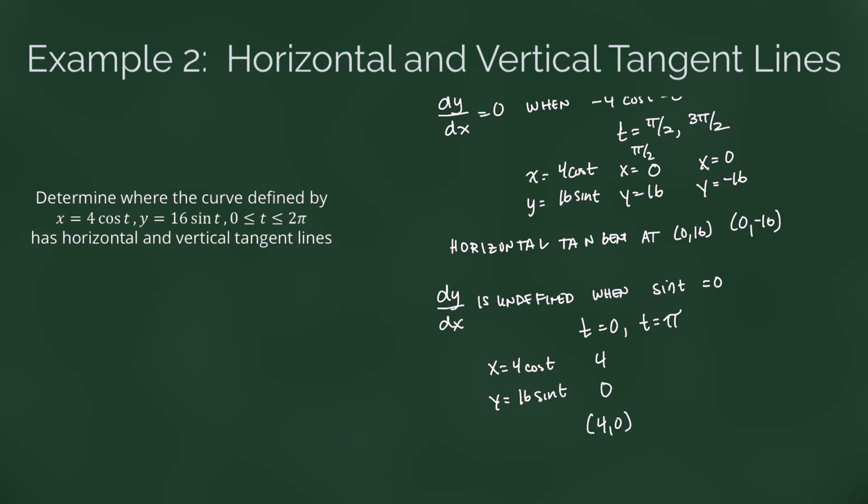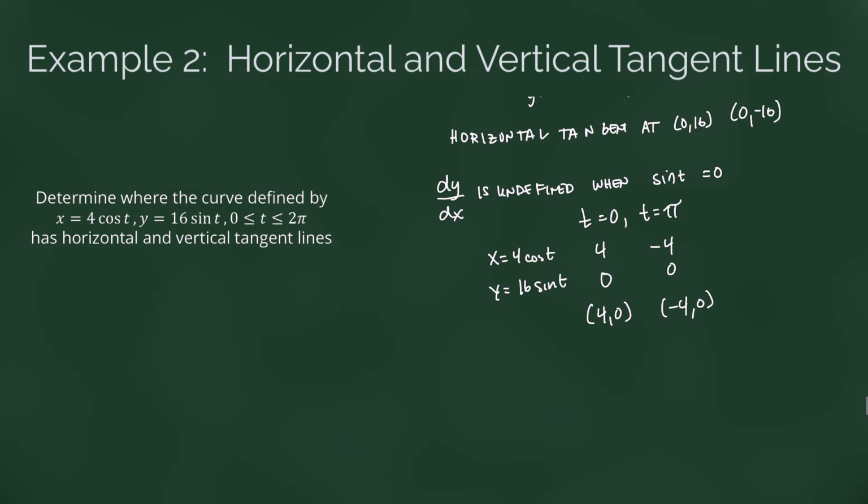And when t is pi, we get that x is negative 4 and y is once again 0. So we have another one at negative 4, 0. So we have vertical tangent lines at 4, 0 and negative 4, 0.